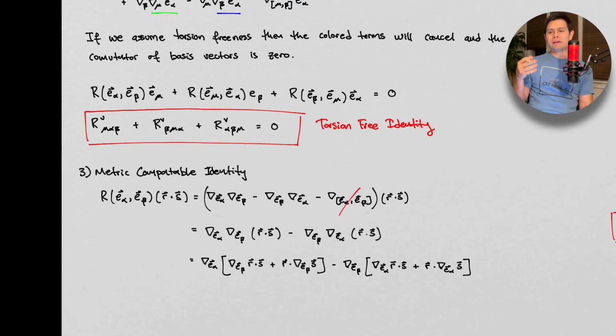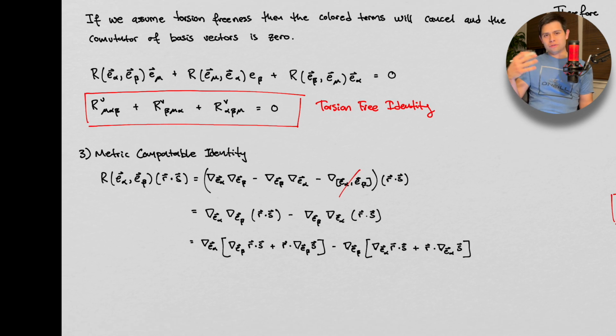Because the name itself doesn't really tell you anything. If you call it the torsion-free identity, then you can automatically think, oh, okay, if I want to derive this, I need to invoke torsion freeness. Bianchi was a famous theoretical physicist, and this identity obviously is named after him.